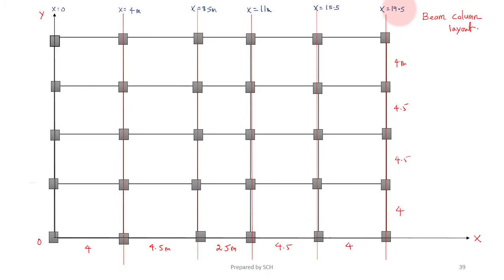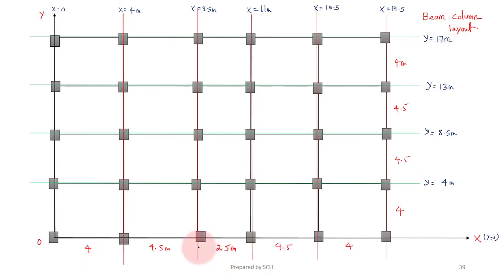Similarly, we can make the horizontal grid lines along the y-axis. This is y equal to 0. It is y equal to 4 meter. It is y equal to 8.5 meter. It is y equal to 38 meter, and finally this is y equal to 17 meter.